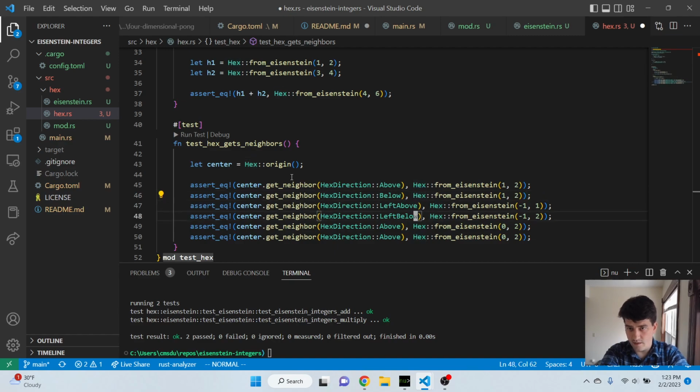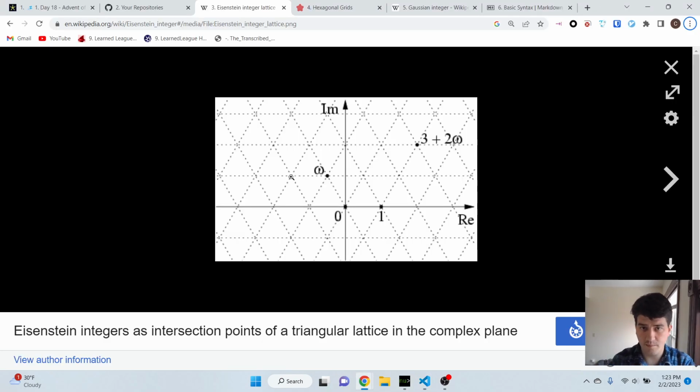This isn't right either. Okay. 1 plus 2w. 1, 2w. Good. Below is going to be here, which is 1, which is -1 minus 2w.